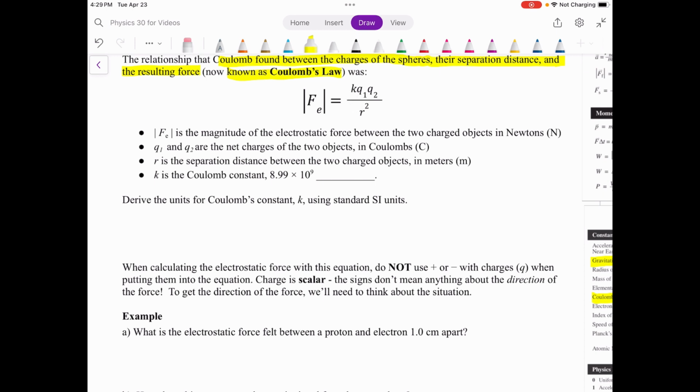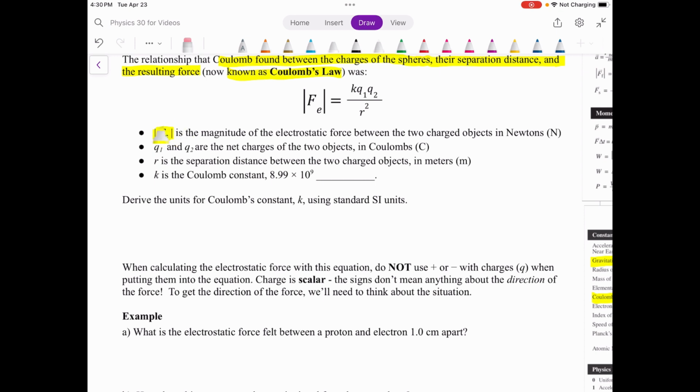Okay, so just running through the variables here, notice the absolute value. I'm in math brain mode. In physics, we would say that's the magnitude of the electric force, but it is a lot like absolute value from math class if you've taken your Math 20. All it's saying is that this is only going to give us the size of the electric force. It's not going to give us what direction it's in.